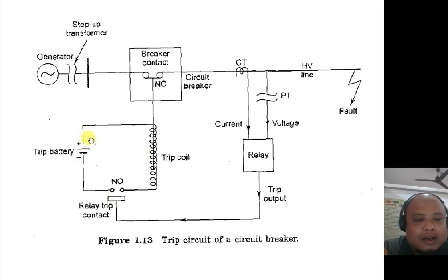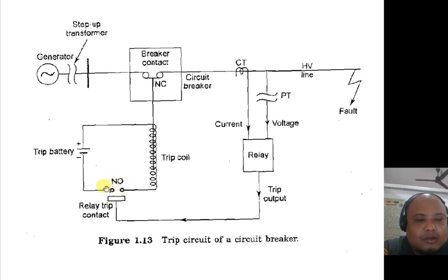Unless there is a source, there will not be any flow of current. As soon as a signal is received, because there is a power supply, there will be enough electromagnetic attraction to close these two contacts.